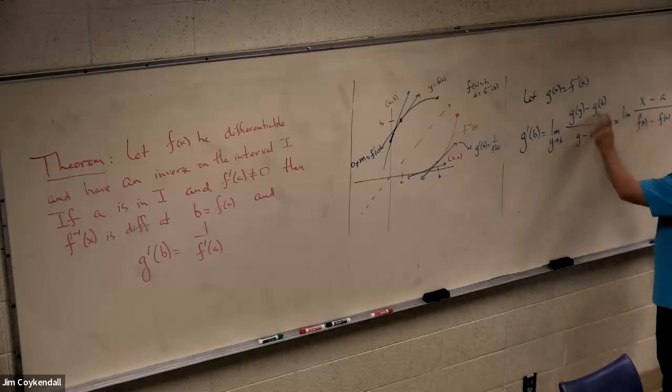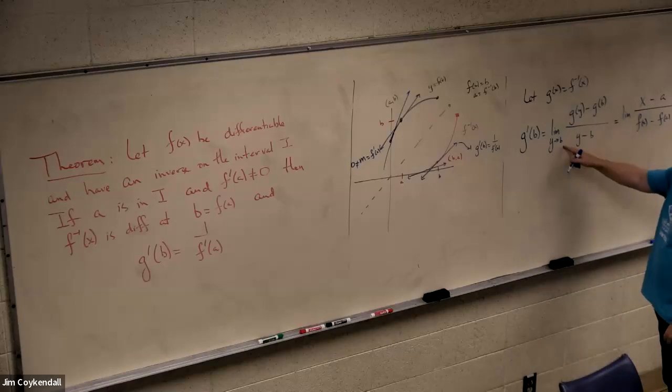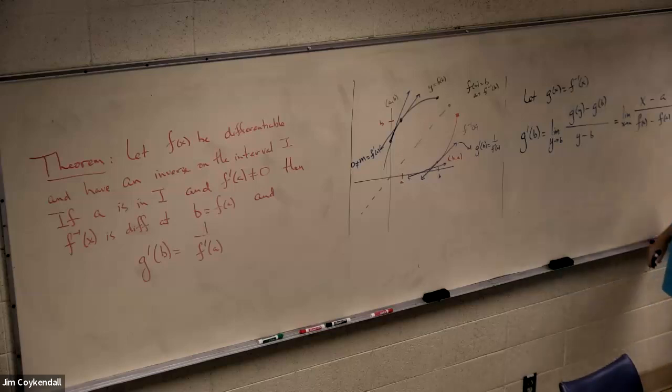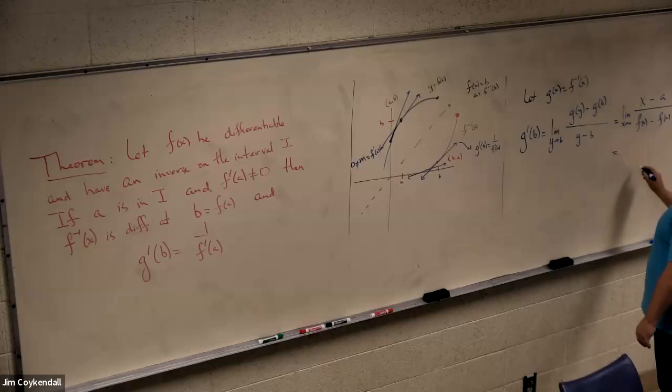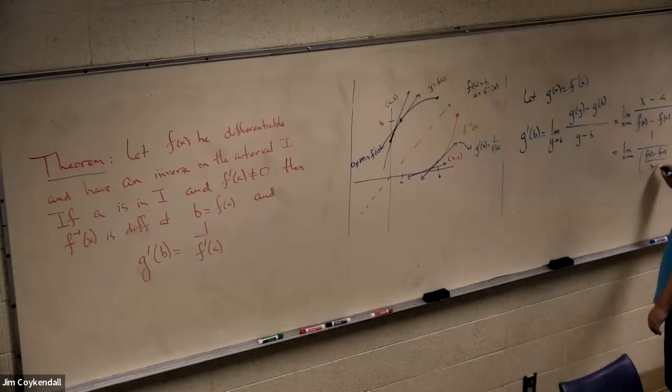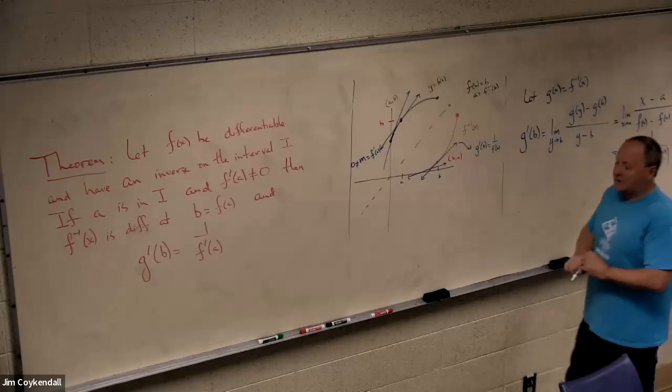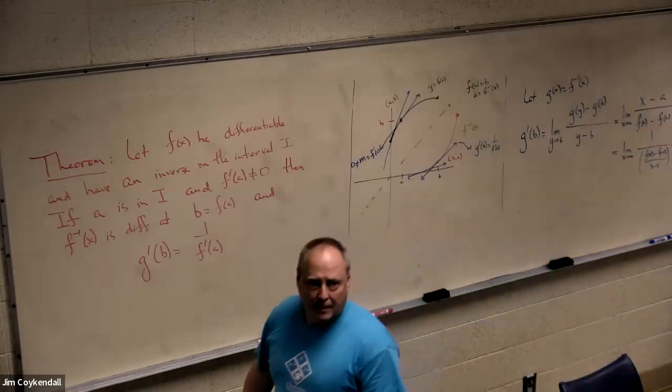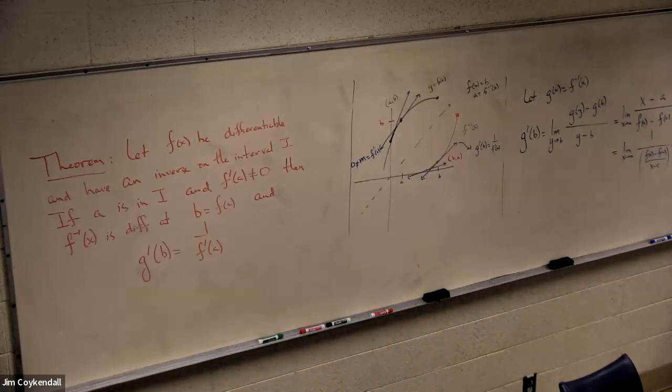Now I no longer have y's and x's, but as y gets very close to b, x gets close to a, because these functions are differentiable. So this is the limit as x goes to a of 1 over the quotient of f of x minus f of a over x minus a, which is 1 over f prime of a, as we pictured. Any questions?